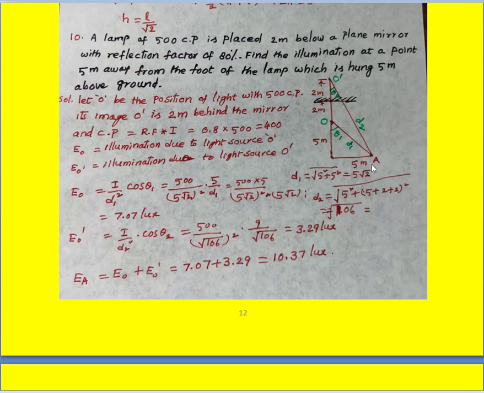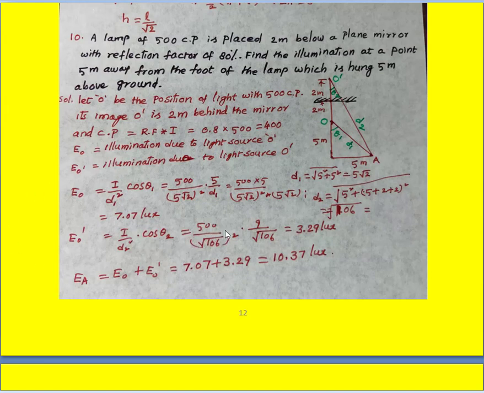Similarly, d2 is given by root of 5 square plus (5 plus 2) whole square. Then we get root of 106 meters. Once we know d1 and d2, we substitute all the values here.